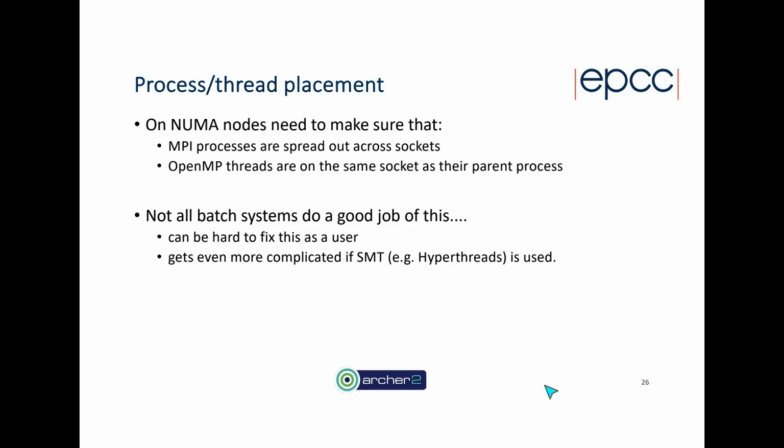If you look in the recommended Slurm batch scripts for ARCHER2, you'll see that it sets the environment variable OMP_PLACES equals cores, to make sure that by default different OpenMP threads get bound to different physical cores.